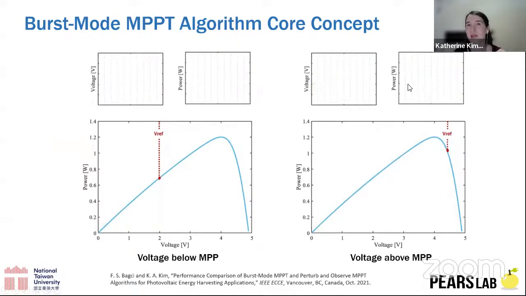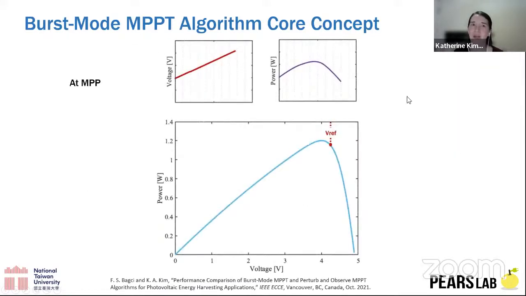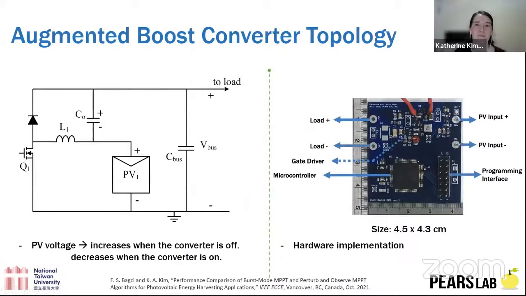So if we can measure the voltage and the power, we can know which side of the maximum power point we're on. And if we get to the maximum power point itself, we would see that the power will have a kind of peak and come back to approximately the same point after each sliding back and forth here.